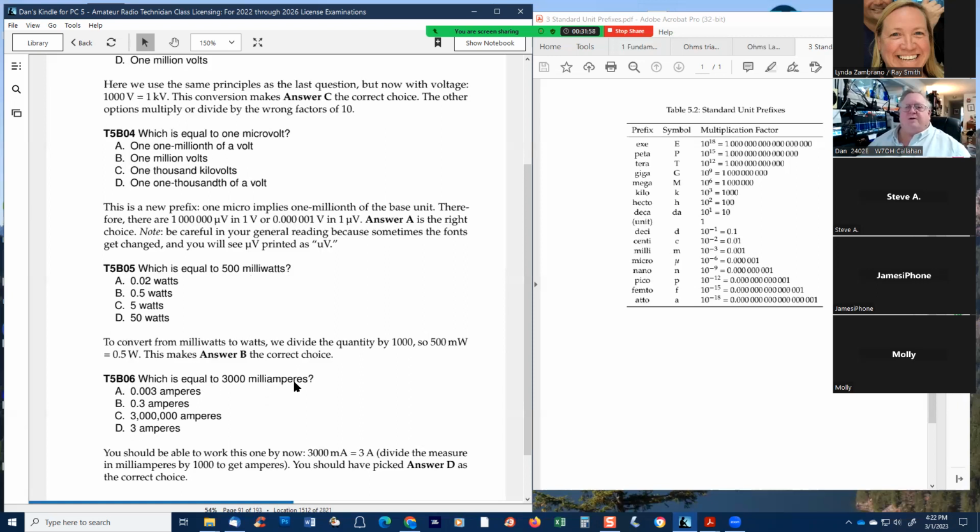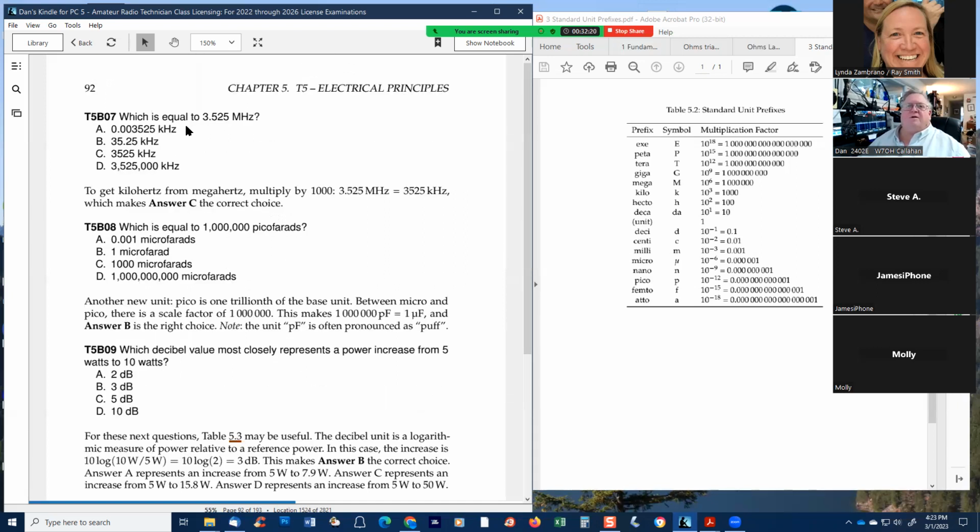The next one is what's equal to 3,000 milliamperes? We said it's milli, so this is 3,000, so it must be 3 amperes, because this is 1,000, knock off the 1,000, there you got the 3. What's equal to 3.525 megahertz? You've got to learn what the meanings are.